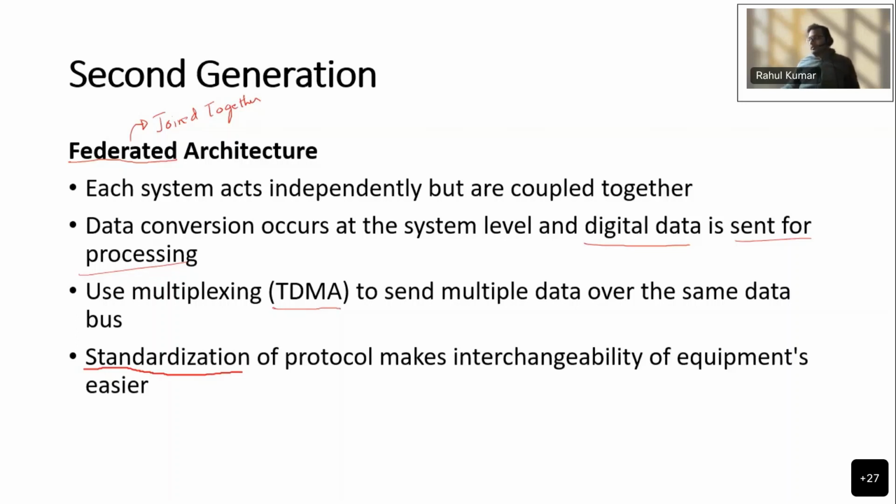So even though this architecture provides several advantages over the previous generation, it is still unable to utilize the resources effectively.